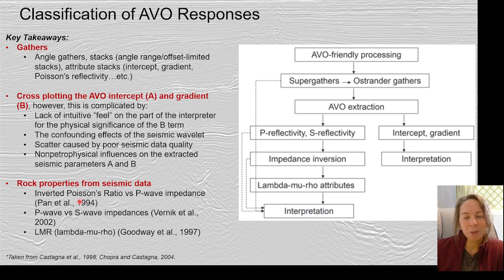If you're going about trying to do this, some really general advice is to start with AVO-friendly processing. You don't want any processing that degrades or artificially changes your amplitude. You have to have that true amplitude.